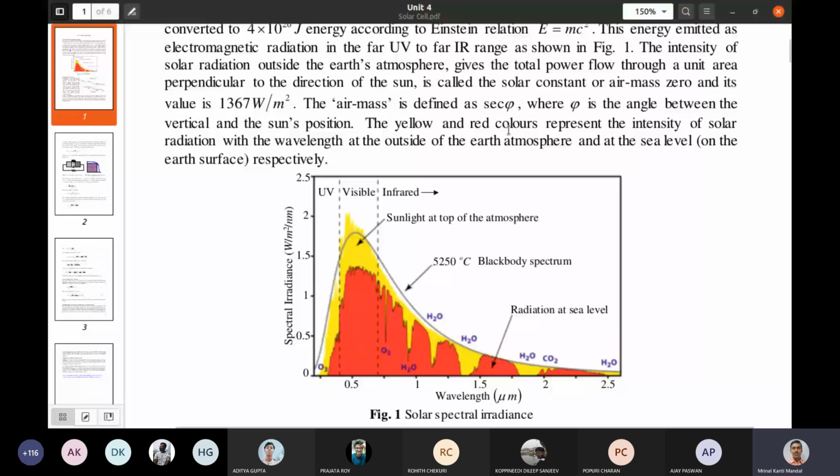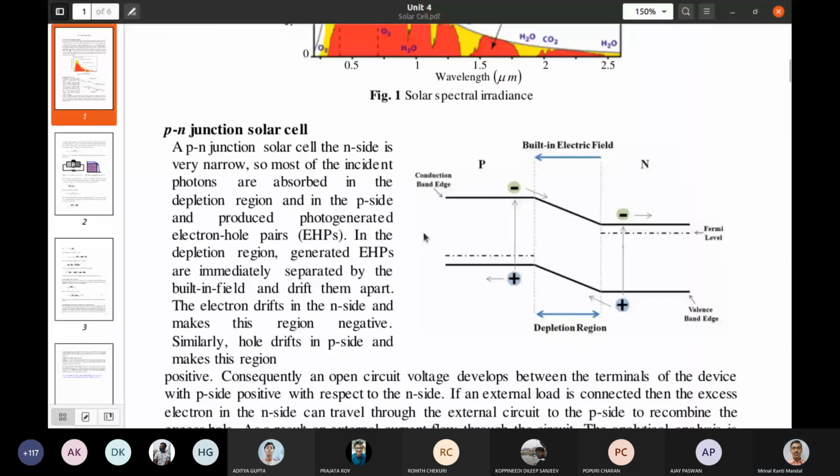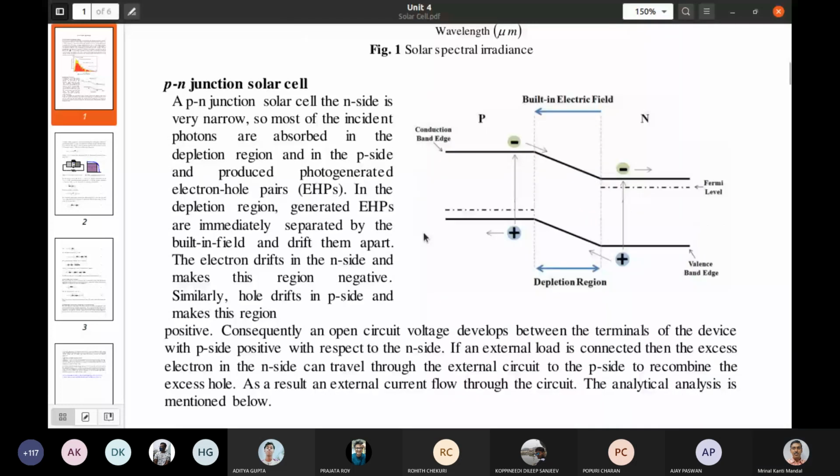Now we come to the basic principle of the PN junction solar cell. When a PN junction is formed, in the previous class we already mentioned that in the depletion region electron and hole movement takes place, and then the region will have positive and negative charge, and that charge produces an electric field.